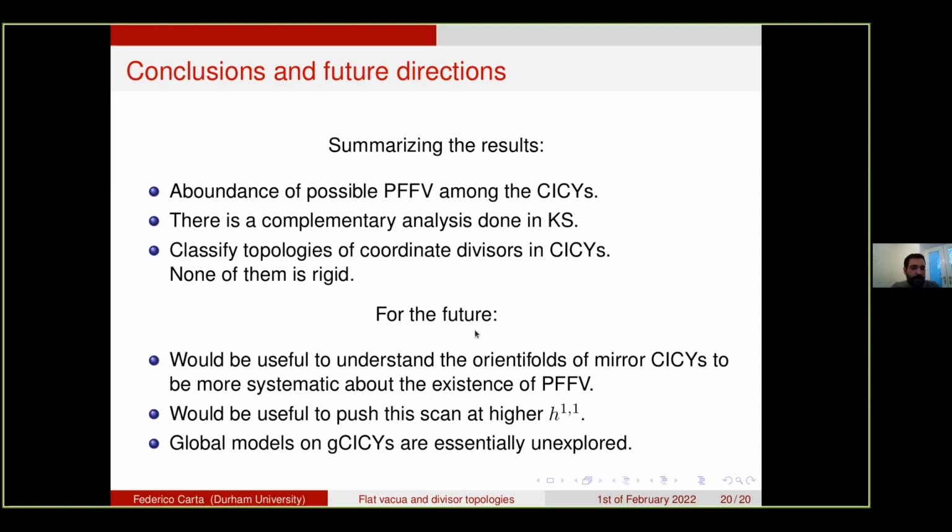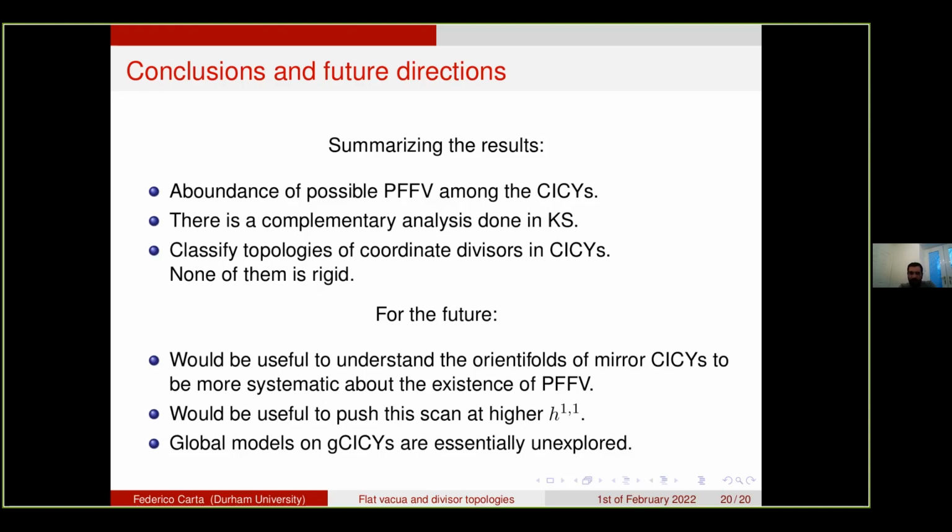There is always a lot of stuff to be done for the future. It would be very interesting for me to understand better the orientifold of mirror CCs in order to be more systematic about what really is the D3 brane charge on the O7 locus, and to be more specific about the tadpoles and even the existence itself of these candidate vacua that we find in this paper.